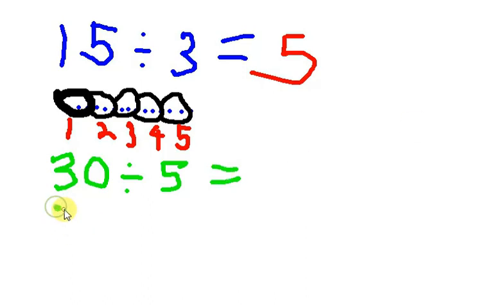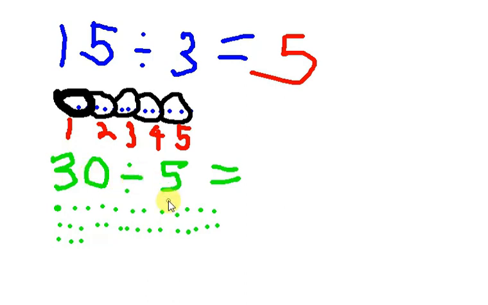So we have 1, 2, 3, 4, 5, 6, 7, 8, 9, 10, 11, 12, 13, 14, 15, 16, 17, 18, 19, 20, 21, 22, 23, 24, 25, 26, 27, 28, 29, 30.